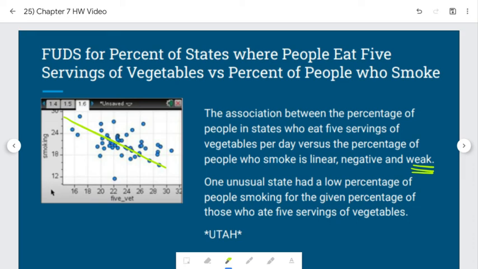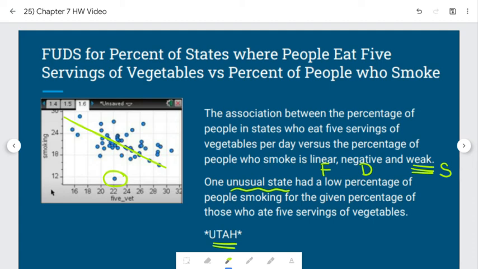So remember FUDS: form, direction, and strength are right here. But also remember that now I do have an unusual state that had a low percentage of smoking given the servings of vegetables. If I look at this piece here. Now, if you're curious, that was Utah. In this case, that low percentage of smoking is unusual compared to the rest of the data.